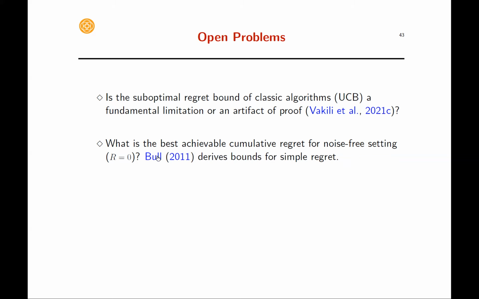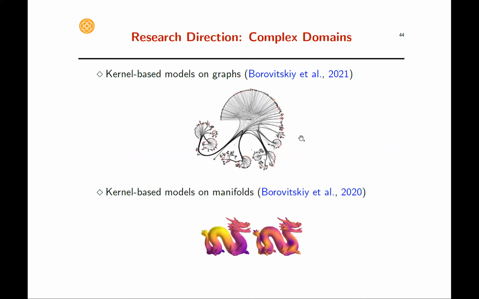But basically, the question is: consider the problem formulation in this paper, which derives the regret bounds for the simple regret in the noise-free setting. Can we do a similar derivation for cumulative regret? So these are, I think, two interesting open problems related to the analysis of kernel-based bandits.